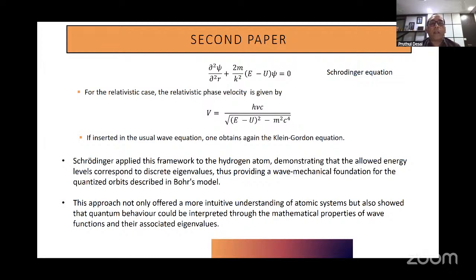So Schrödinger applied his framework once again to the hydrogen atom, and showed that the allowed energy levels correspond to discrete eigenvalues, and he solved the problem of the hydrogen atom. In my opinion, this approach not only offered a more intuitive understanding of atomic systems, but also showed that quantum behavior could be interpreted through the mathematical properties of wave functions and their associated eigenvalues.